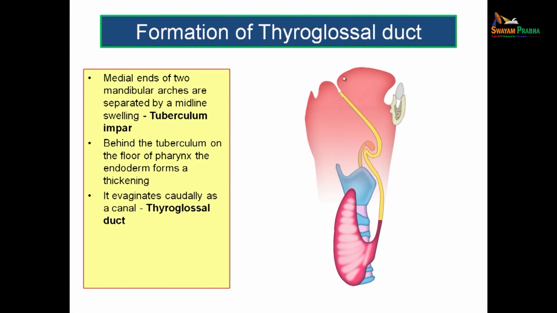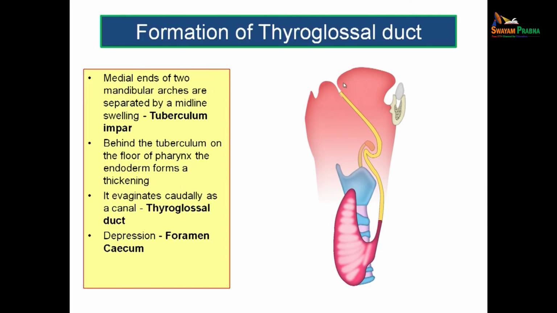So there is a thickening behind the tuberculum impar, formed by the endoderm, and there is an invagination into this thickening, which is carried towards the caudal region as a canal. This canal is known as the thyroglossal duct. The point from which the invagination happened is known as the foramen cecum.